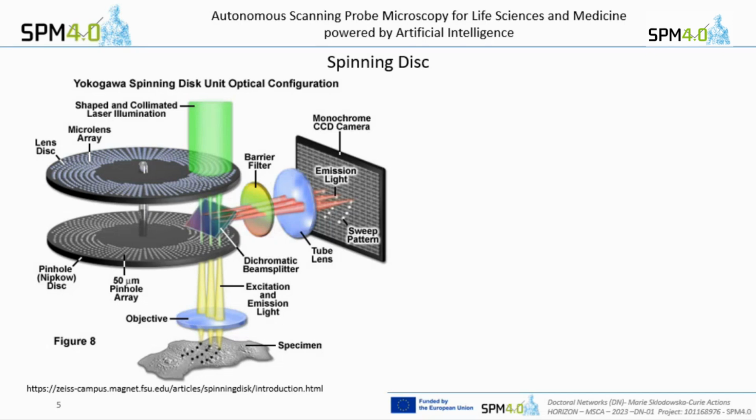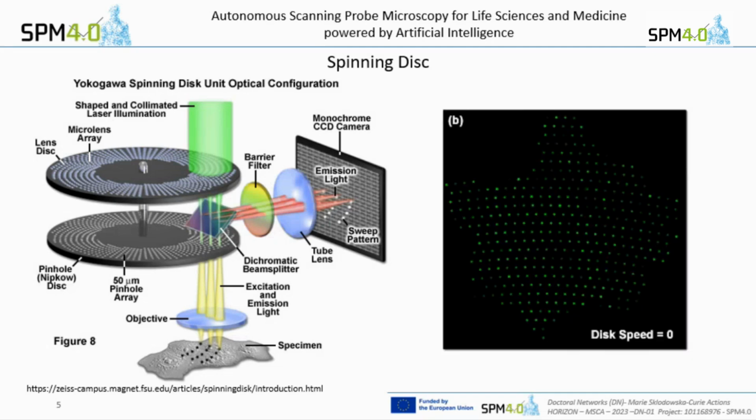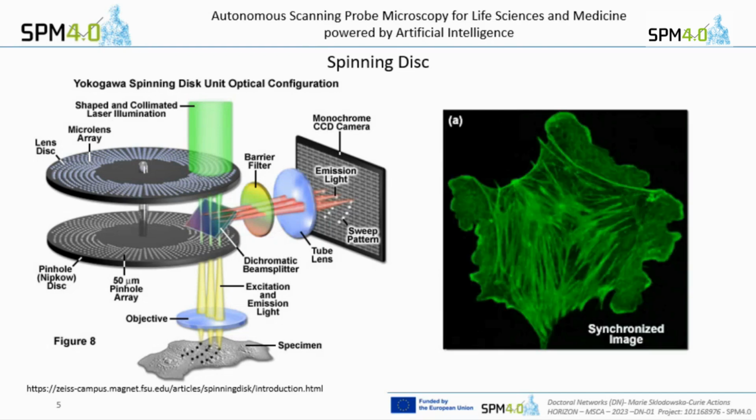And this disk is rotating at a defined speed, and with that I get much faster confocal images than with the CLSM. So then it looks something like this. If you synchronize the disk, then you also get an image of the cell.